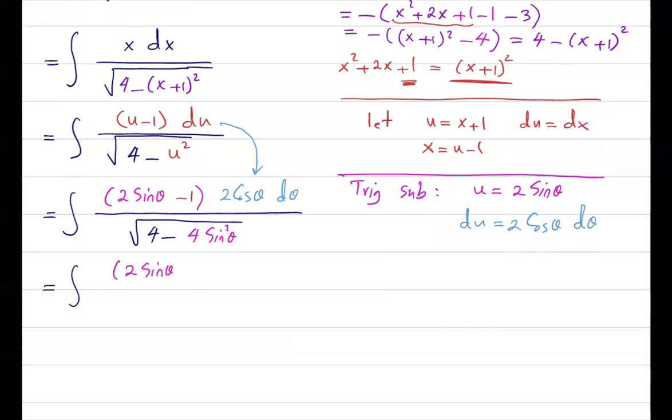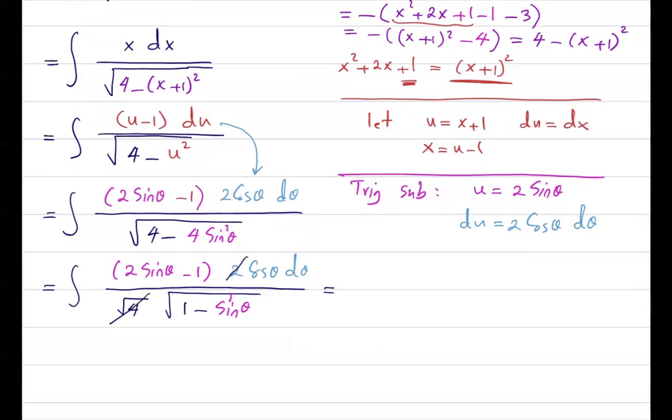So this integral can be written as the integral of 2 sine theta minus 1 times 2 cosine theta d theta divided by, now if you factor out 4, you get the square root of 4 times the square root of 1 minus sine squared of theta. Very good.